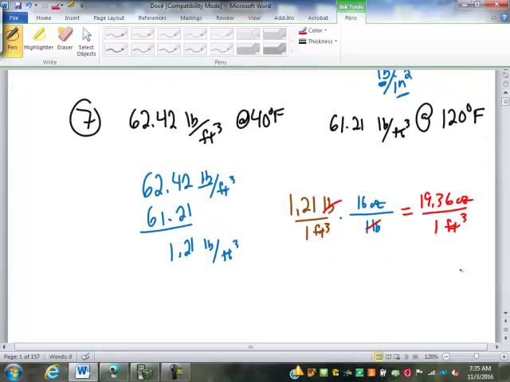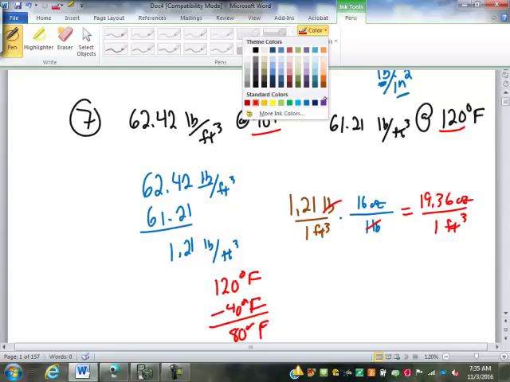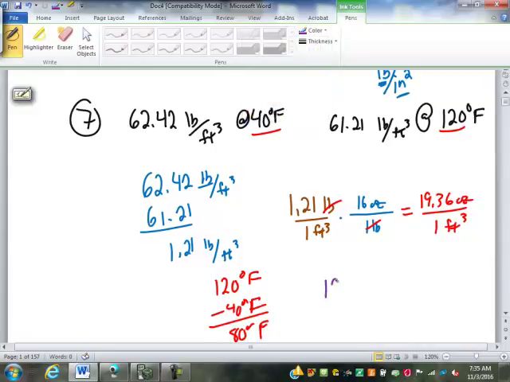And now we have to do that per degree. Well, from 40 degrees to 120 degrees, we have a change of 80 degrees Fahrenheit. So we are going to take our 19.36 ounces per cubic foot divided by 80 degrees Fahrenheit.